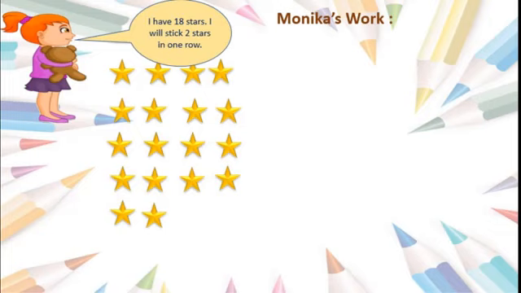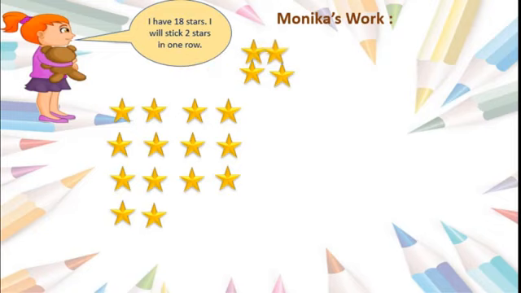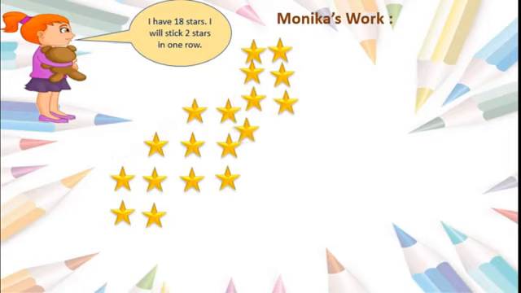See, these are 18 stars given by the teacher. Okay, what she is going to do now? She will stick 2 stars in one row. See, this is 1, 2. This is first row. Okay. See, 2 rows. She is sticking only 2 stars in one row. Isn't it?